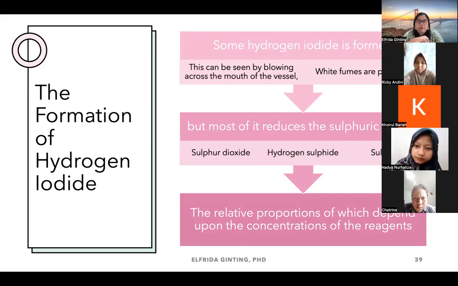And for this experiment, the sulfuric acid here will be changed into sulfur dioxide, hydrogen sulfide, and then sulfur. And the proportion will depend on the concentration of the sulfuric acid.